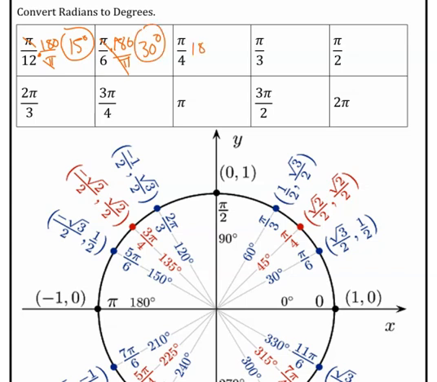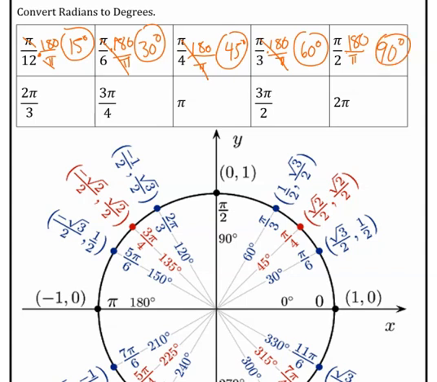Pi over 4, 45 degrees. Pi over 3, 60 degrees. Pi over 2, 90 degrees. 2 pi over 3 would be 120 degrees. 135 degrees.